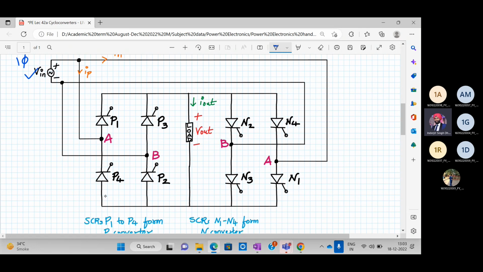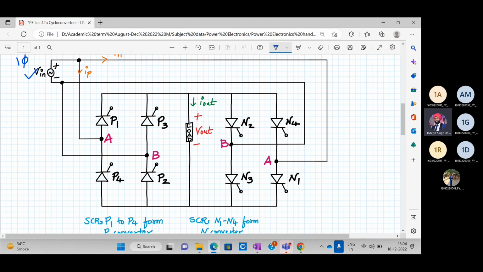SCRs P1 to P4 will be triggered in this fashion: P1, P2 together, P3, P4 together. And the same supply has been given to another set of SCRs, but they are in reverse direction. So here we have N1, N2, N3, N4. N1 and N2 will be turning on simultaneously, and N3 and N4 will be turning on together. Is that fine? All right.